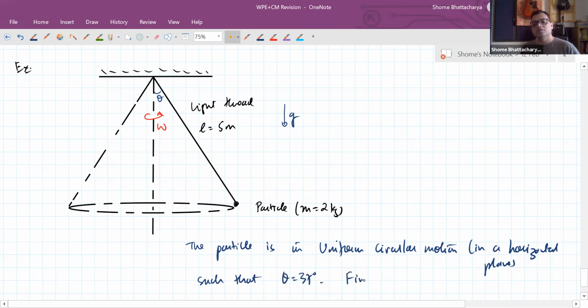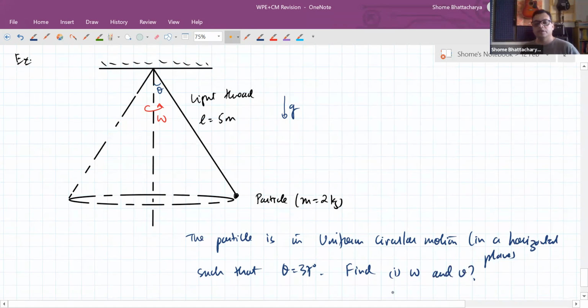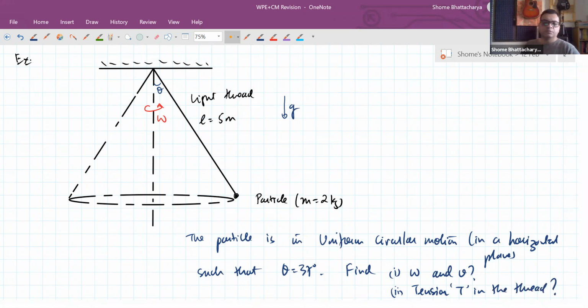So you want to find omega and v for the particle, the speed and angular speed. And we want to find the tension T in the thread. So the second part becomes a dynamical question, and we need to calculate using the dynamics concept over here.